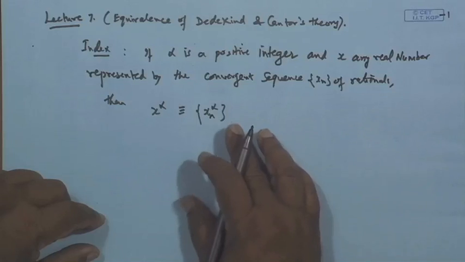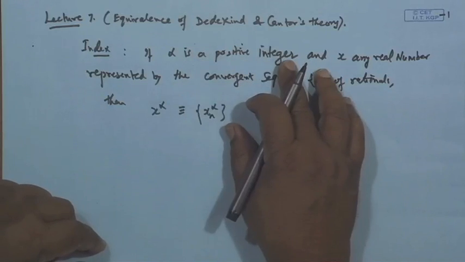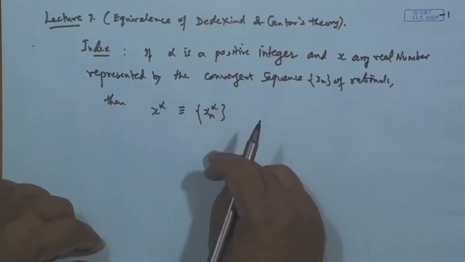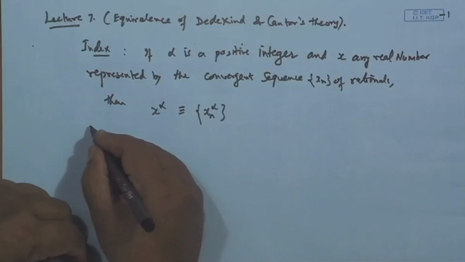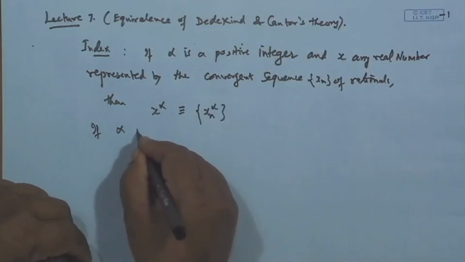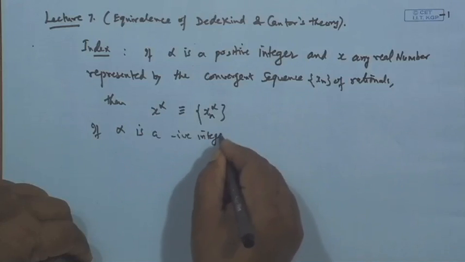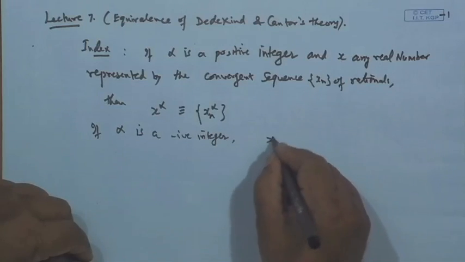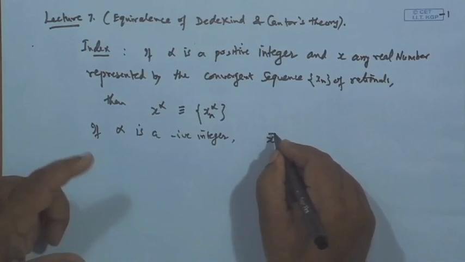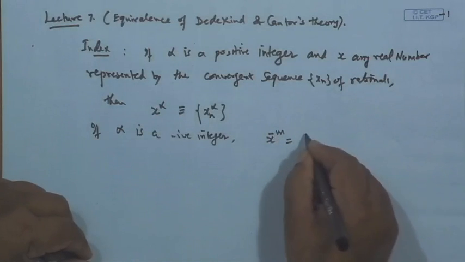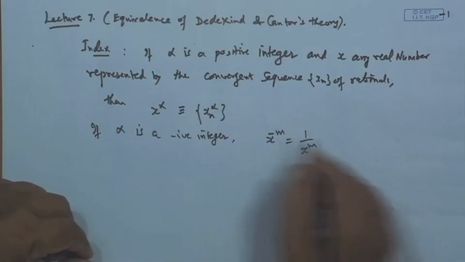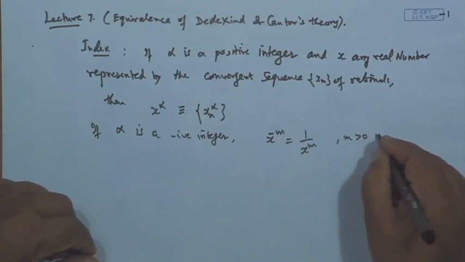This we see in the case of a positive integer. If it is negative, then we can just divide 1 by x n to the power alpha. If alpha is a negative integer, we can write x to the power minus m as 1 by x to the power m, where m is a positive integer.